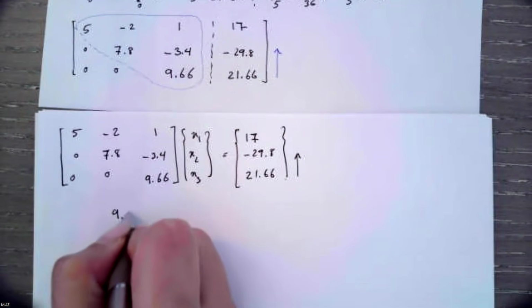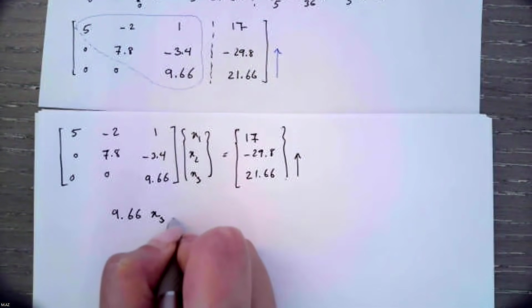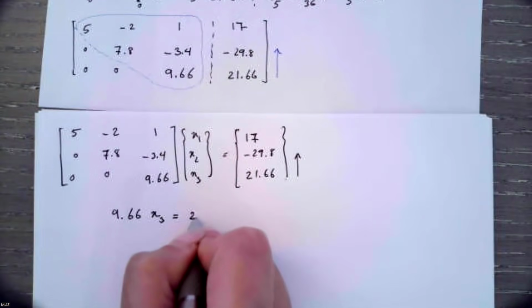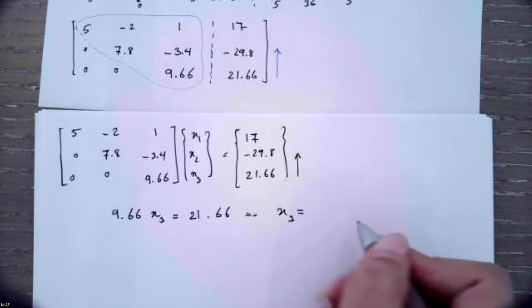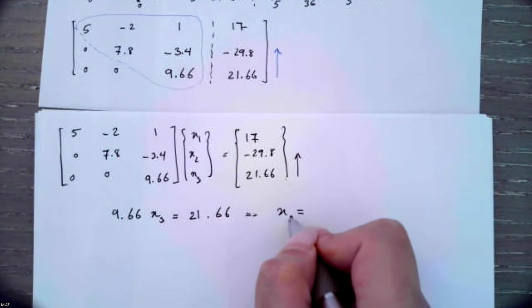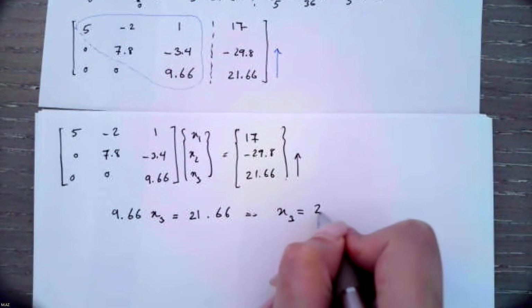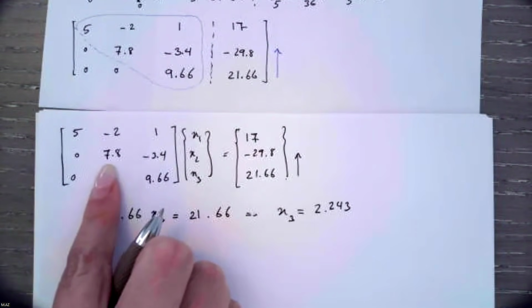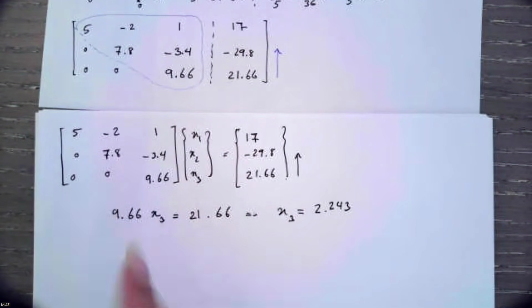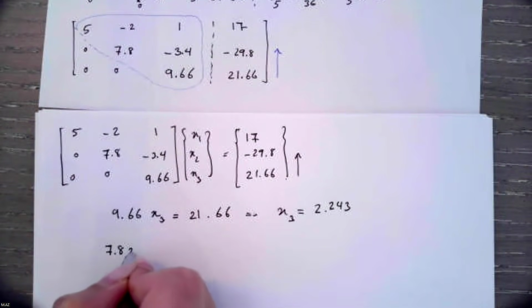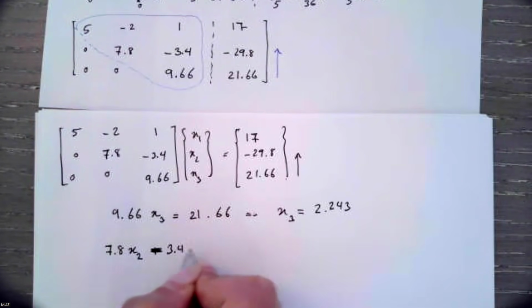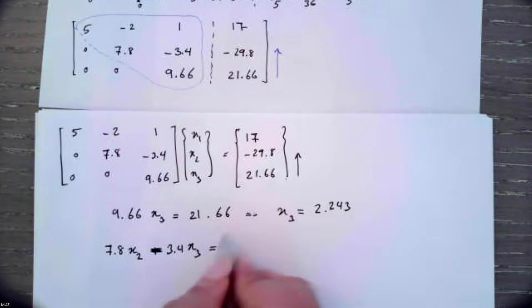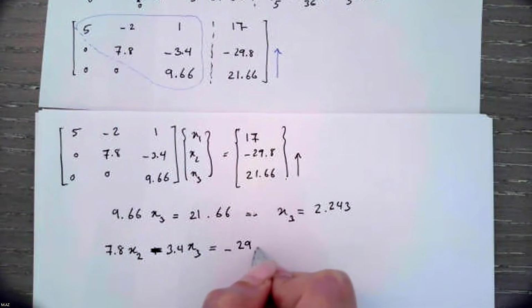We have 9.66 x3 equal 21.66. This is the value of x3. From equation 2, we have 7.8 x2 plus negative 3.4 x3 equal negative 29.8.